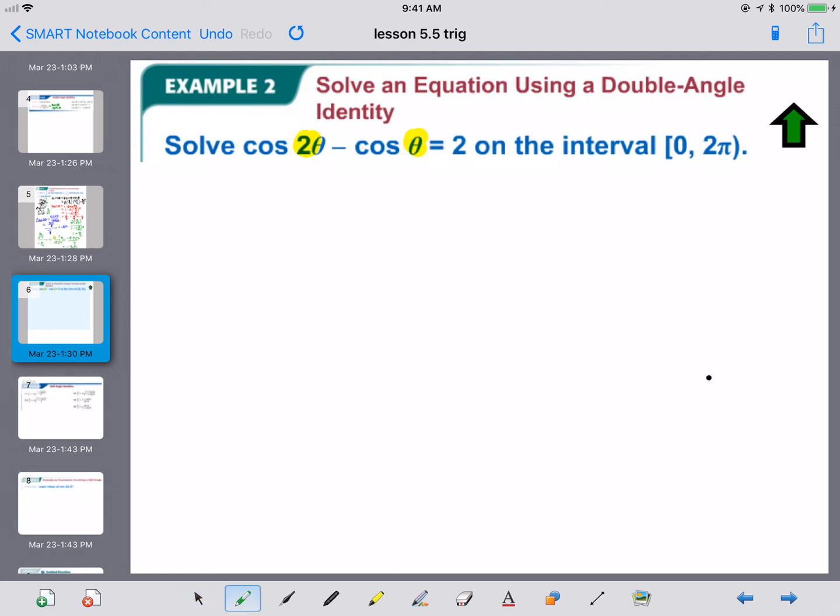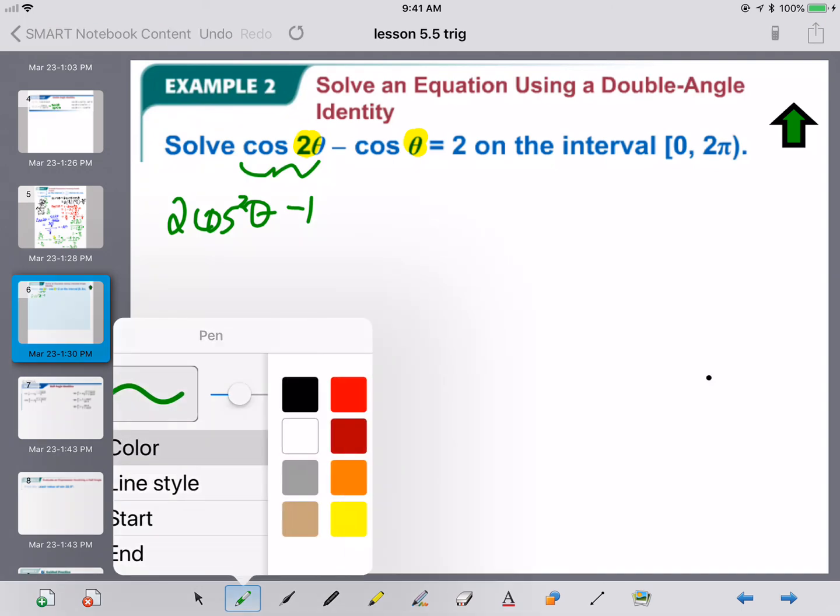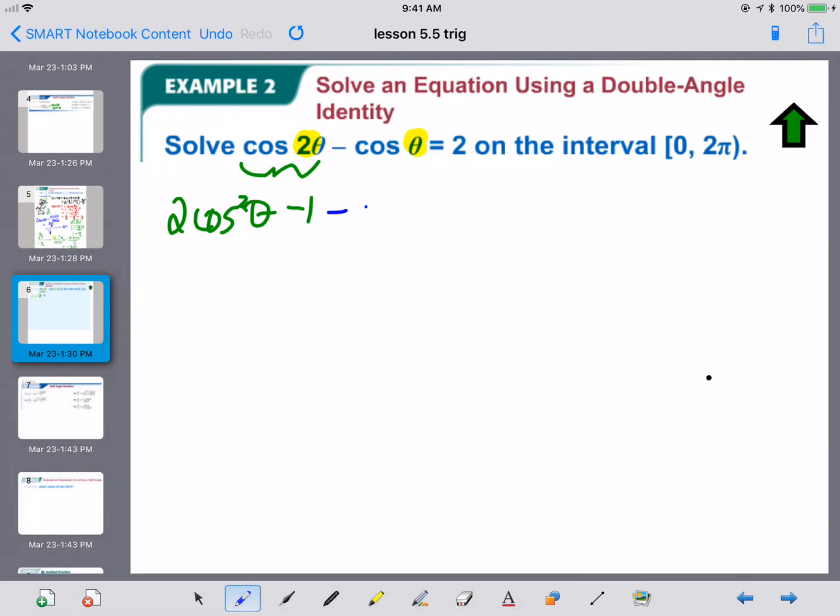Well, of the 3 things to choose from, I'm going to choose this to be replaced with 2 cosine squared theta minus 1. Because what does it accomplish? It gets me trig functions that are only cosines of theta and no other trig function. And it will match the trig function that was already in the problem, cosine of theta.